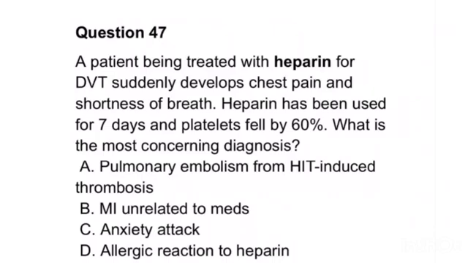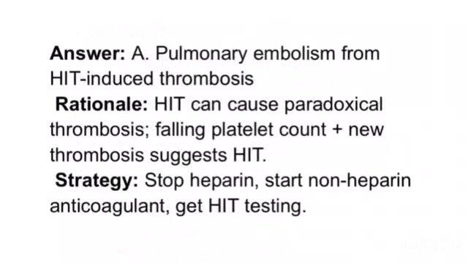C. Anxiety attack. D. Allergic reaction to heparin. Answer: A. Pulmonary embolism from HIT-induced thrombosis. Rationale: HIT can cause paradoxical thrombosis, falling platelet count plus new thrombosis suggests HIT. Strategy: stop heparin, start non-heparin anticoagulant, get HIT testing.